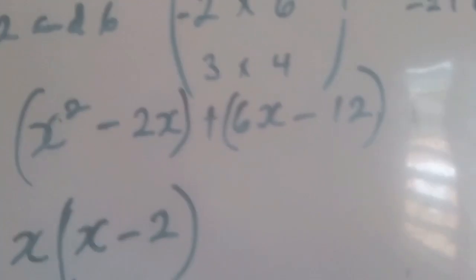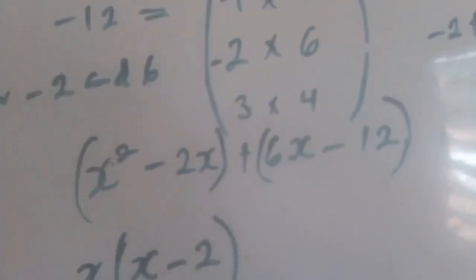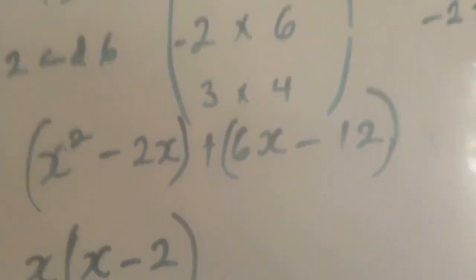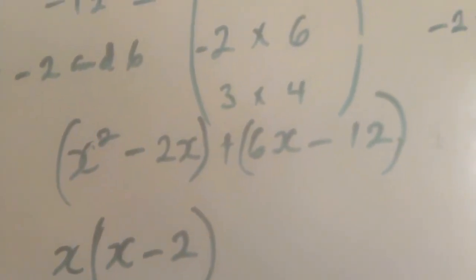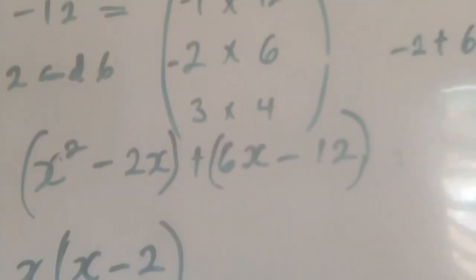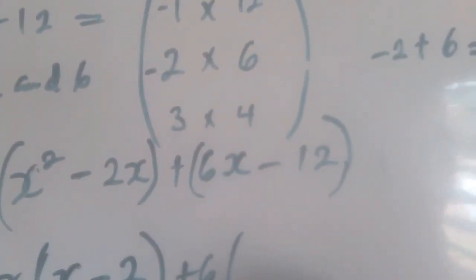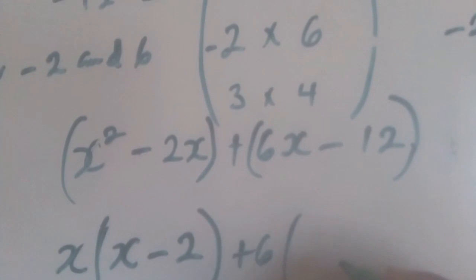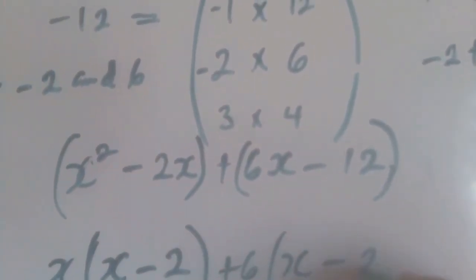So in this second bracket, we have 6x minus 12. You can see that 6 is a common factor that can divide 6x and 12. So 6x divided by 6, we have x, and minus 2.